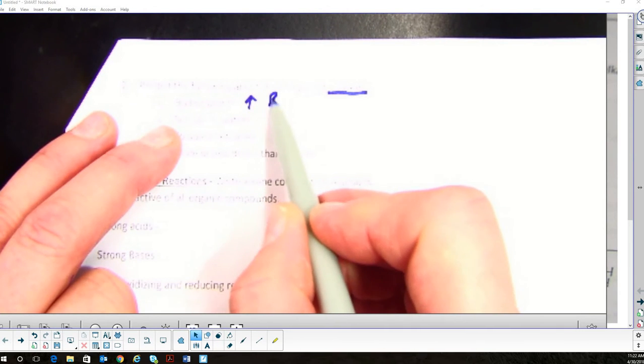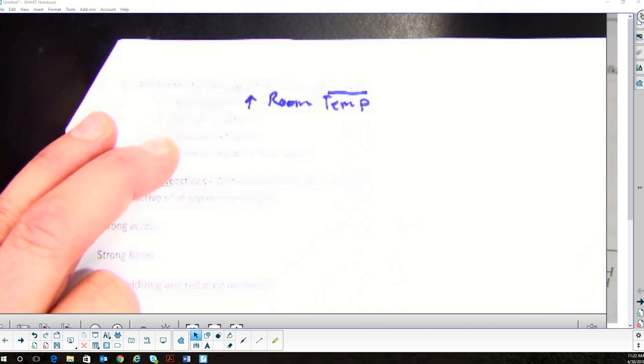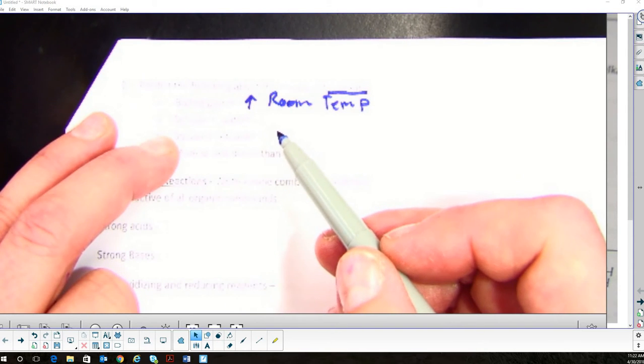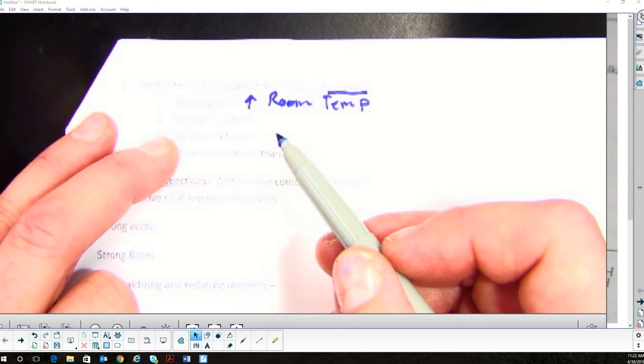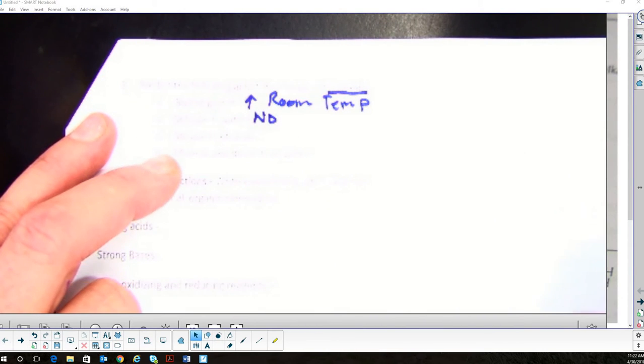Good. Okay, is it soluble in water? Do oil and water mix? No. Okay, is it soluble in ethane?